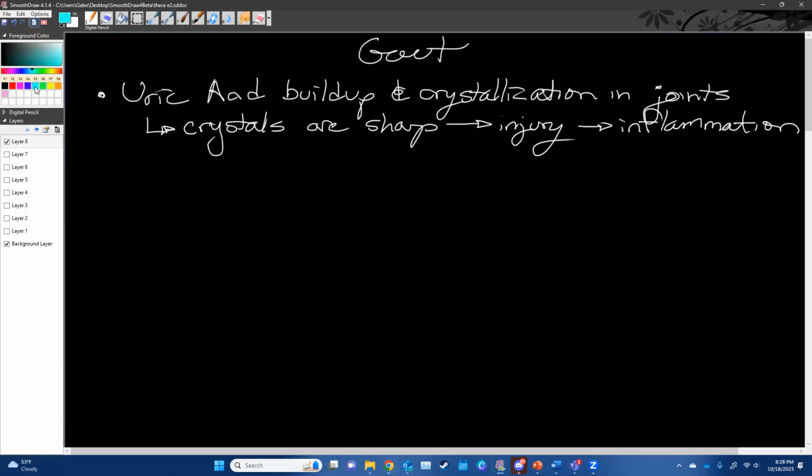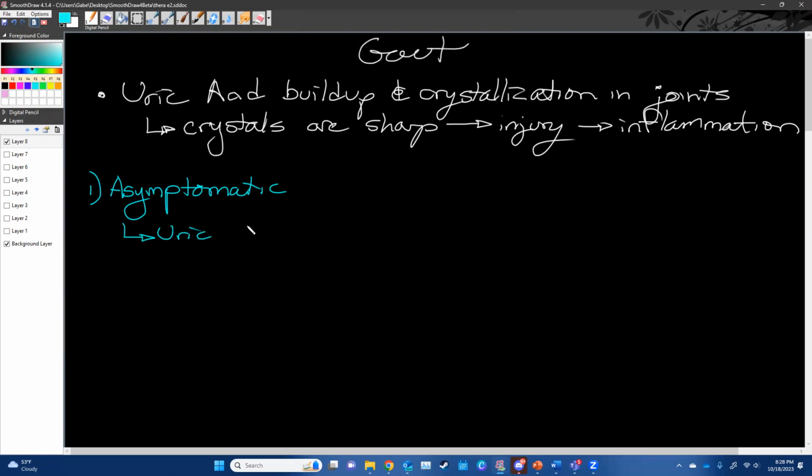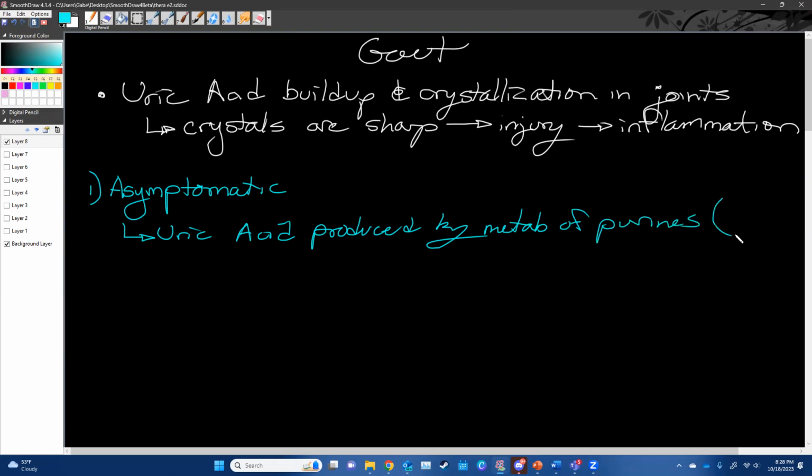Gout starts off in 4 stages. The first is you are asymptomatic, which, if you remember, uric acid is produced via the metabolism of purines. Which are your purines, by the way? This is something you should know. Which ones are the purines?